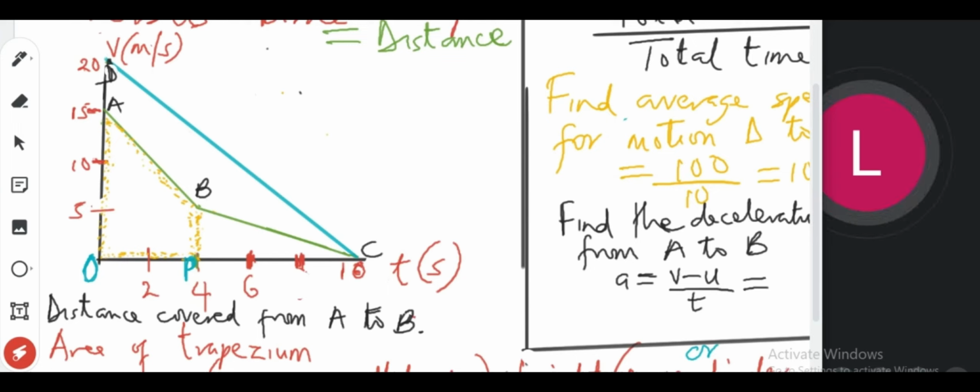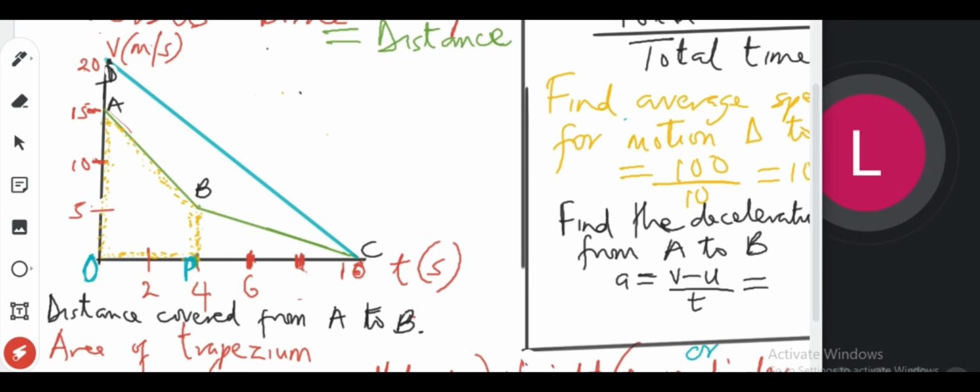For instance, this particular graph, the green one moves from A to B and then B to C. The motion in blue is just D to C directly. By the way, D to C is a constant deceleration all through the motion.